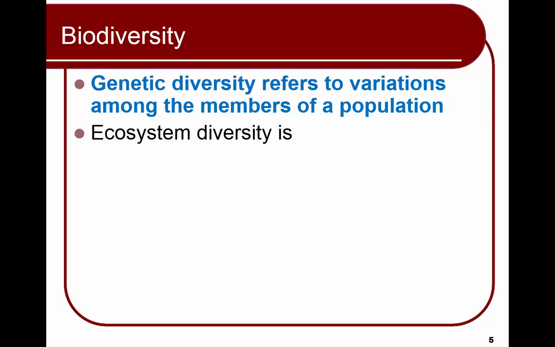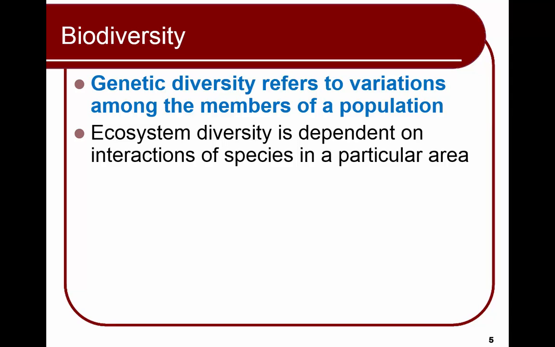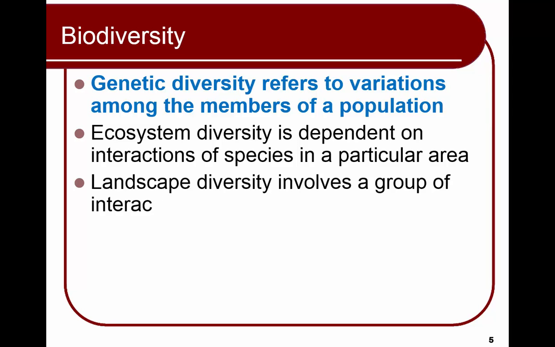The diversity of the ecosystem is dependent on how the species in that area interact, and we also need to look at landscape diversity because there's a lot of interactions among the species in an area.